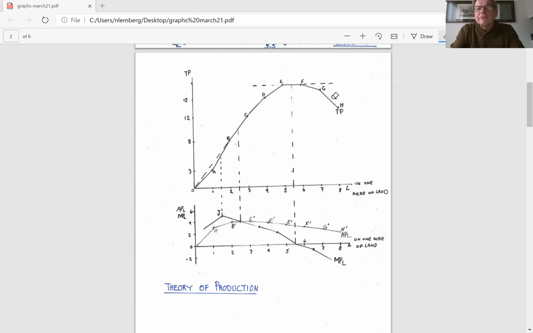It will solidify in your brain that way. So the slope between 2 points is actually calculating the marginal product of labor in this case, which once again is the geometric way of calculating the marginal product of labor.